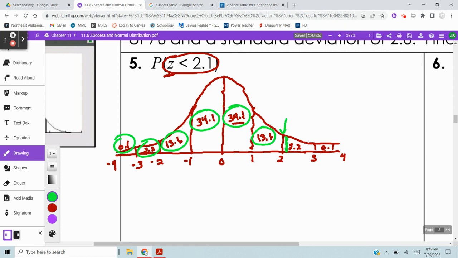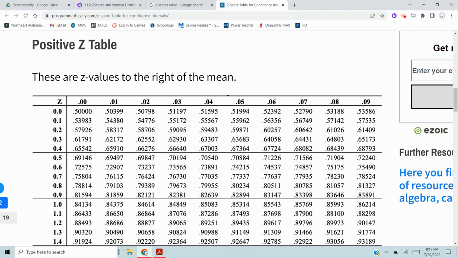This is to the right only 2.2 and 0.1, that's 2.3, but it's going to be a little bit less than that. So about maybe 2.1. We're going to be somewhere around 98% of our values less than 2.1. So let's flip over here and let me show you how to actually use one of these tables.